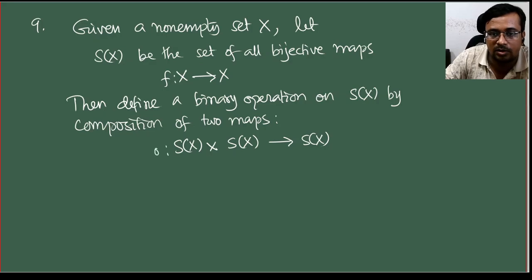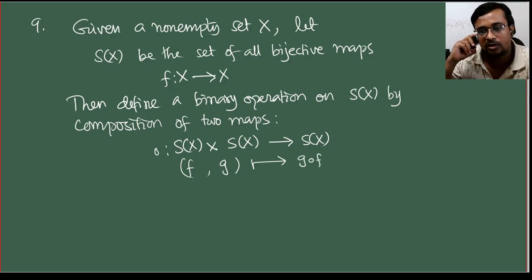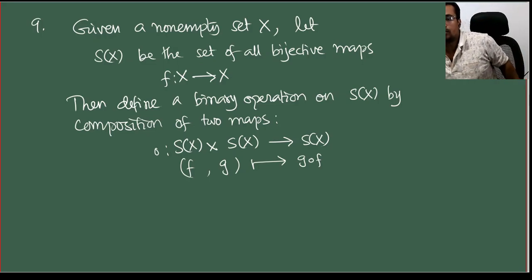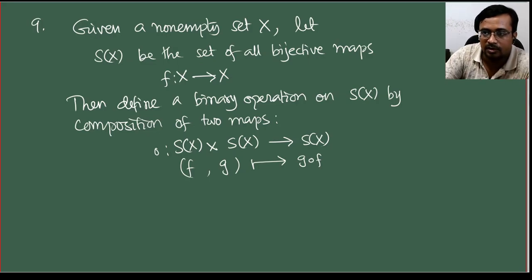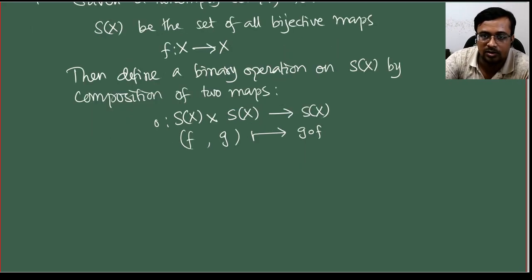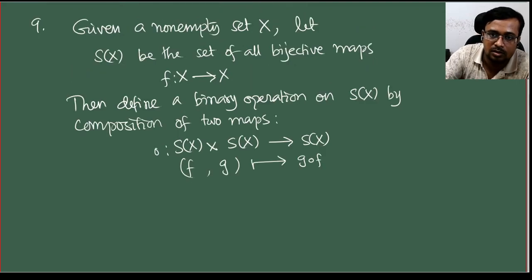So this is the binary operation. You take a bijective map f from X to X and you take another bijective map, you just compose it. The composition of bijective maps is a bijective map, so you get an element of Sx, right? So now note that this forms a group with respect to this composition operation.